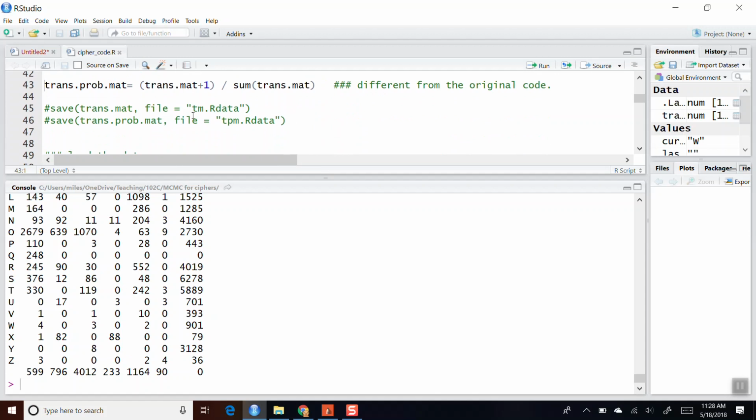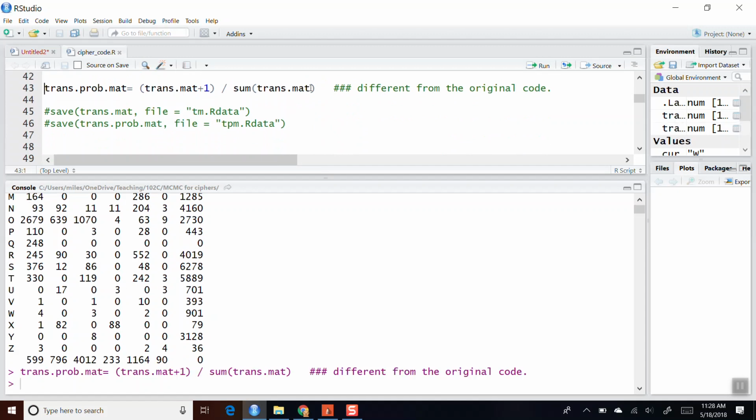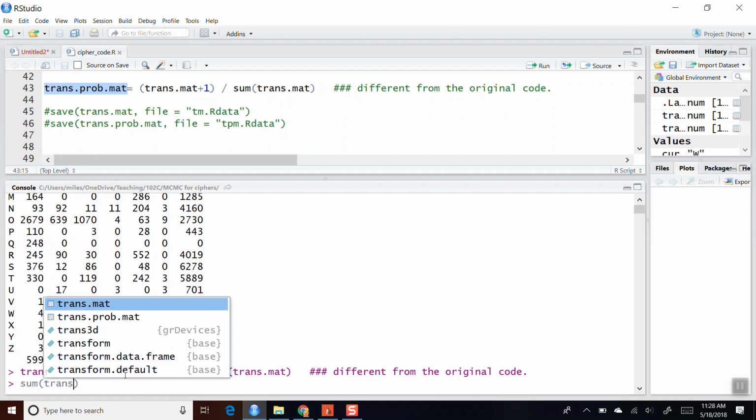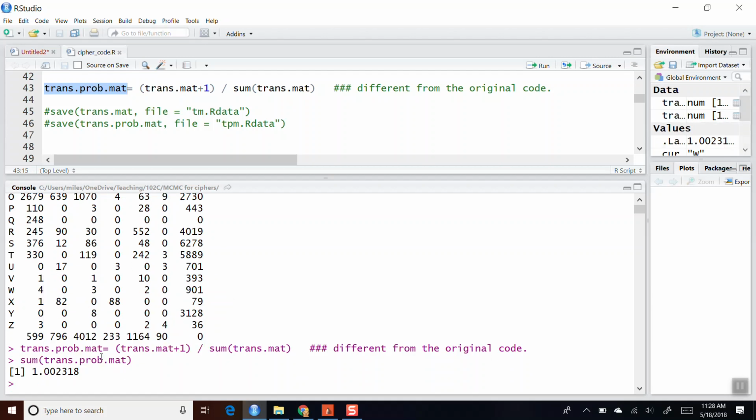So instead, we're going to add 1 to every single cell, so none of the cells have 0, and then divide by the sum. I probably should divide by the sum plus 27 times 27, but that's okay. My transition probability matrix will have a sum that's just ever so slightly bigger than 1. Not a huge deal.